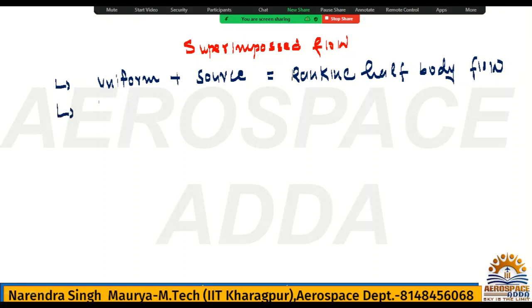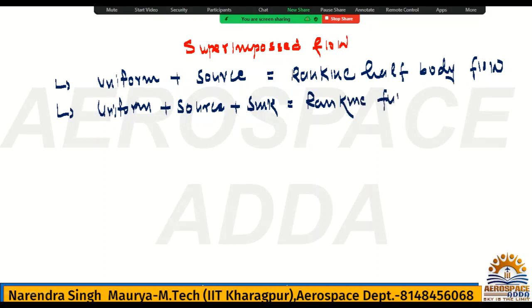Okay, you take the combination of uniform flow plus source flow plus sink flow, then it is Rankine full body flow. That is sometimes also called oval body, like an egg shape.